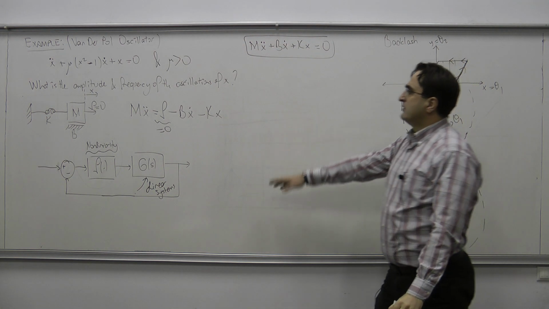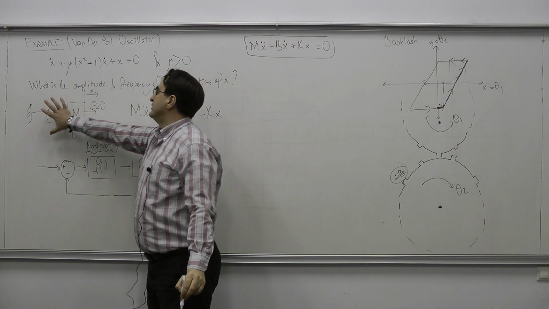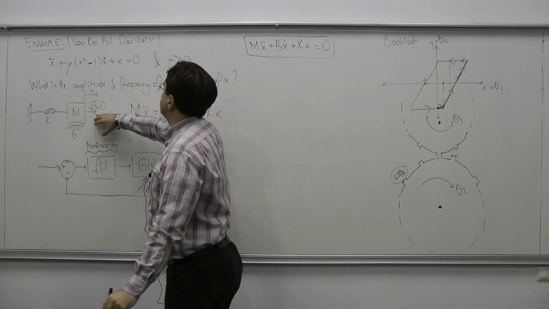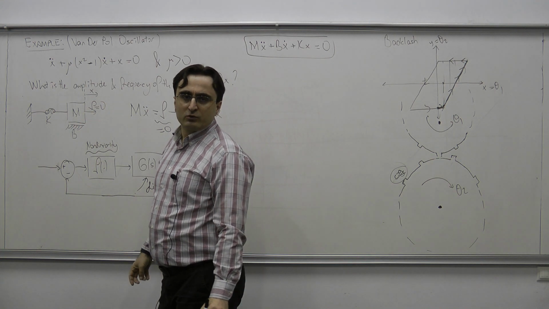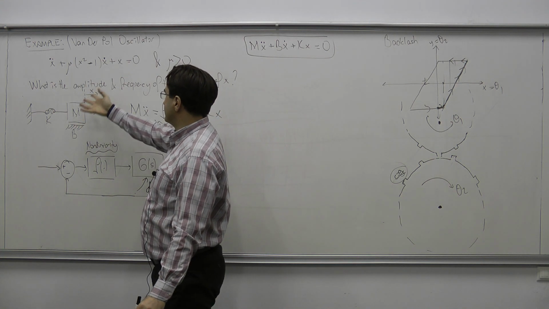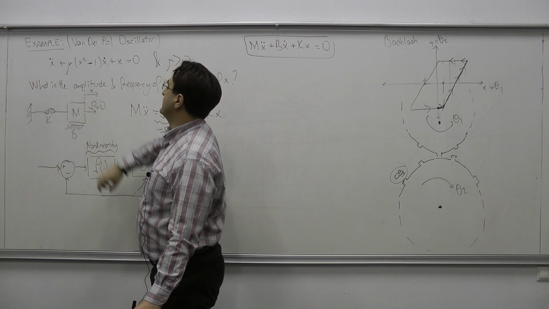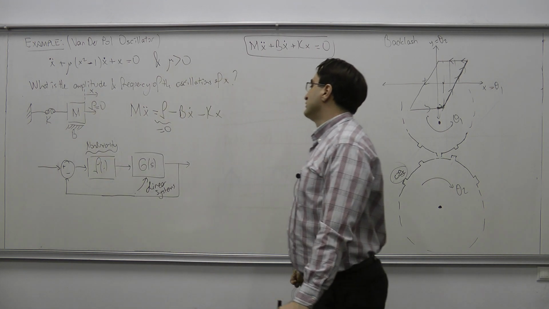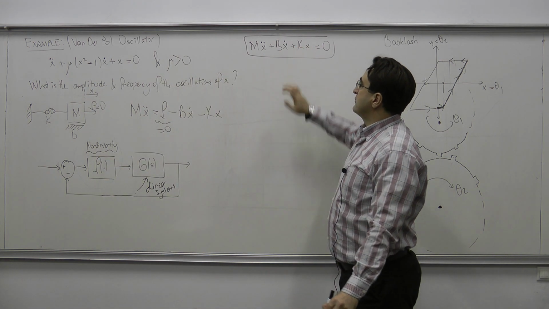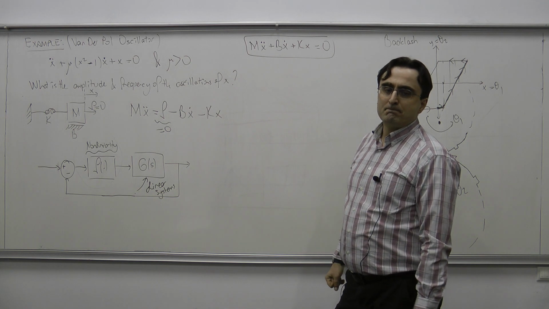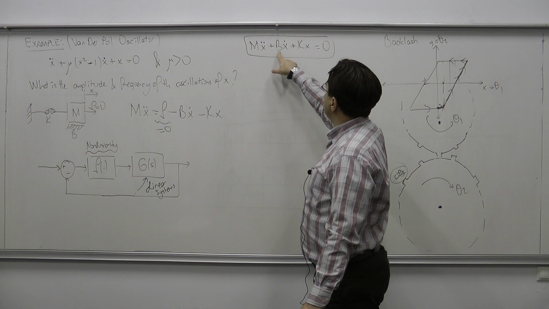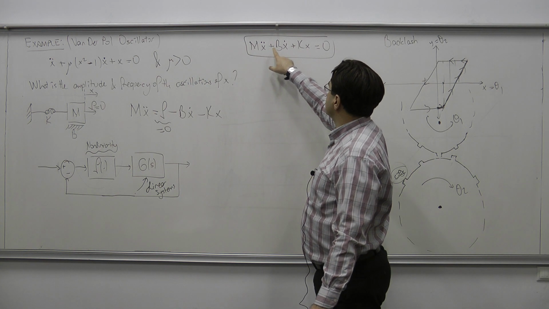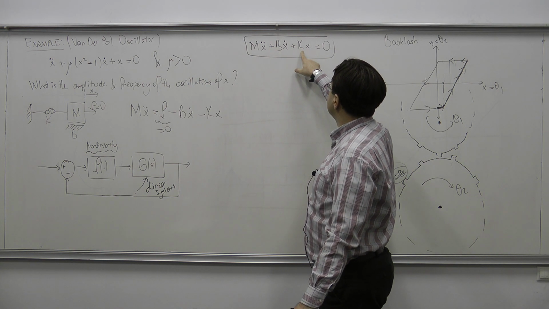So we see that this type of system, with 0 force, would only work with the effect of the initial conditions. It will only have non-zero x if we started with some non-zero initial conditions, and it would have this type of mathematical model. Okay? And here, m is a positive constant, b is a positive constant, and k is a positive constant.